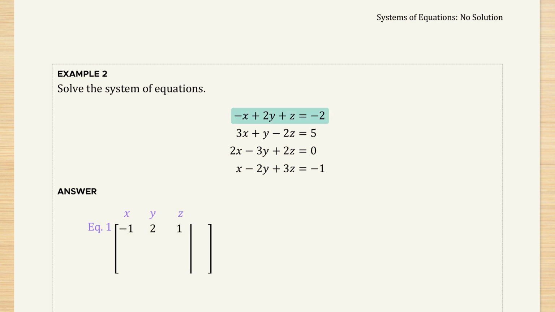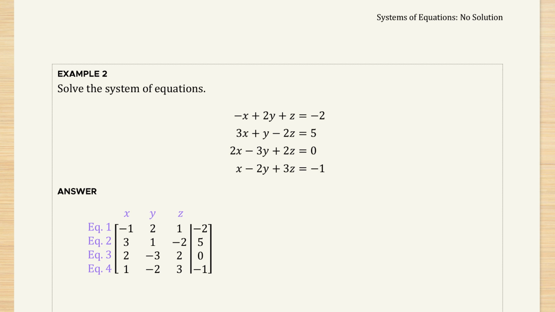Equation 1 has -1x, 2y, 1z, and is equal to -2. Equation 2 has 3x, 1y, -2z, and is equal to 5. Equation 3 has 2x, -3y, 2z, and is equal to 0. Equation 4 has 1x, -2y, 3z, and is equal to -1.